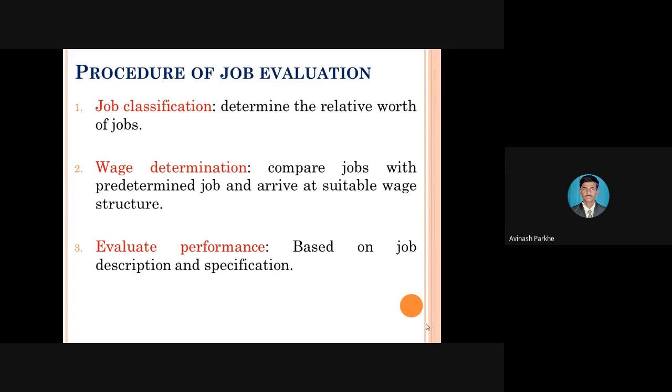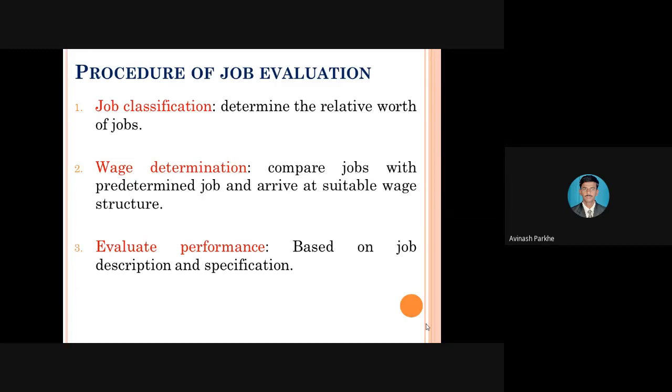Value, or it is also called in Marathi, their. Good working conditions we can call value, and good capabilities as well. So this is called the worth of each job, and according to that, the classification of the job will take place.